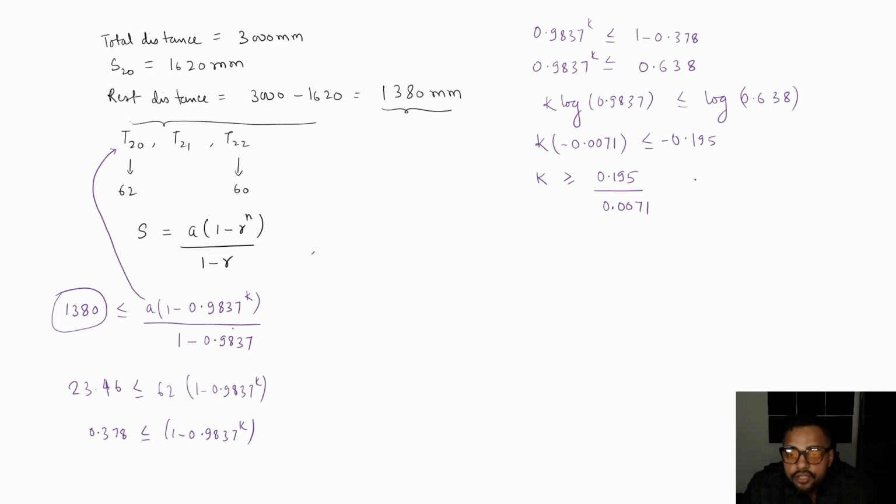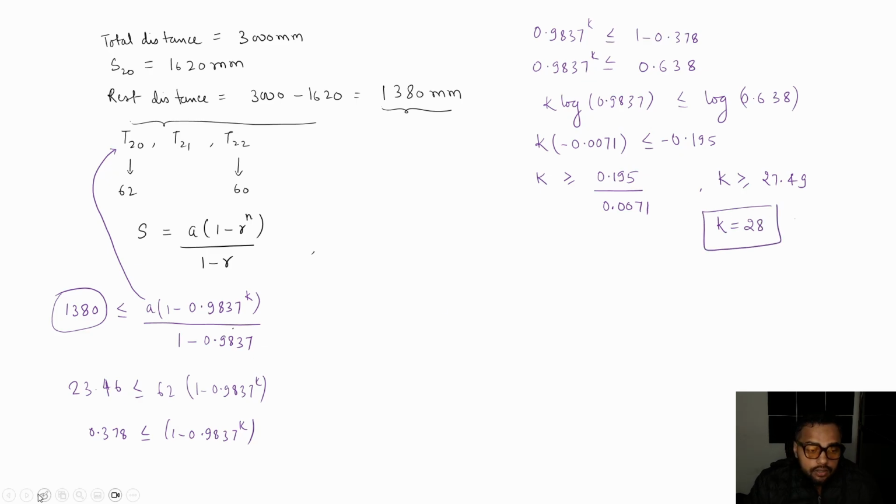So k must be greater than or equal to this particular value. On solving it, we are getting k greater than or equal to 27.49. So k, which is the total number of hits, must be greater than 27.49. So the possible value of k here is 28.